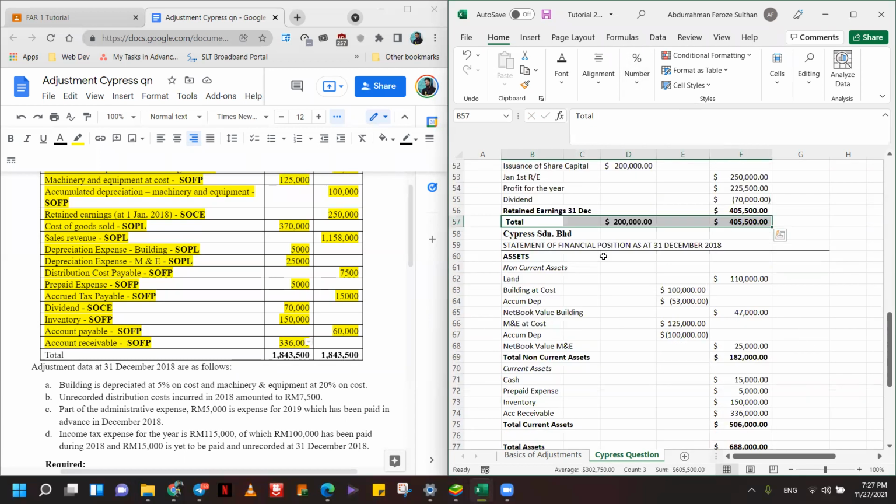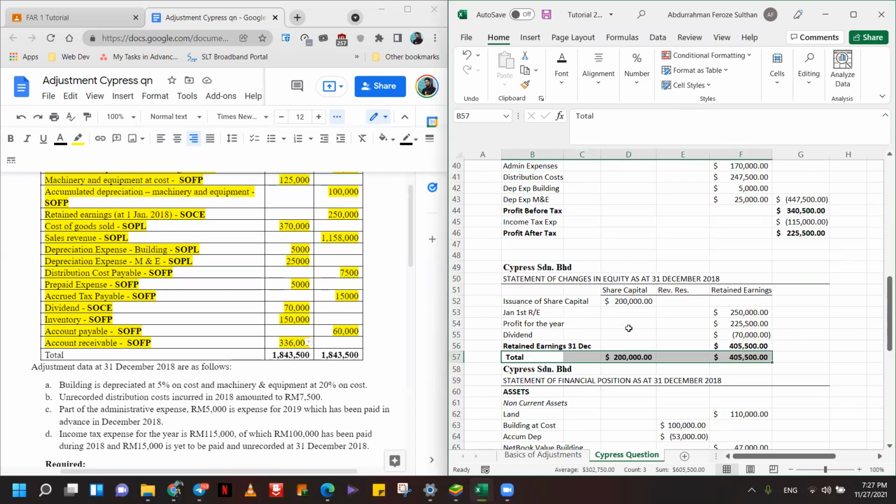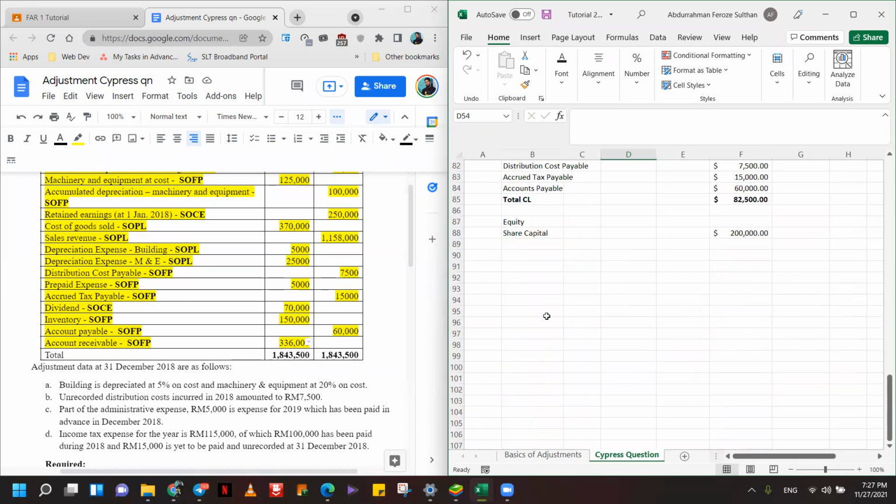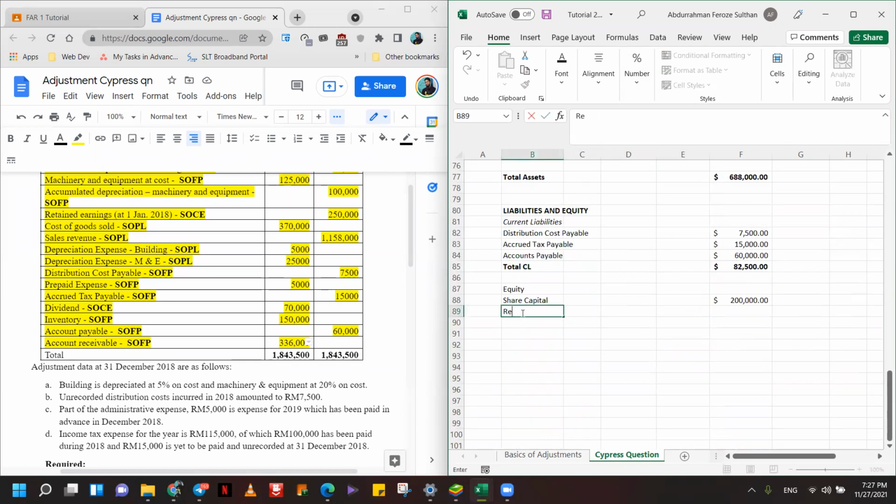Okay. So for the equity part of the statement of financial position, we just look at our statement of changes in equity. So our share capital is 200,000. Our retained earnings is 405,500. So retained earnings at December 31st is 405,500, correct? And then total equity.